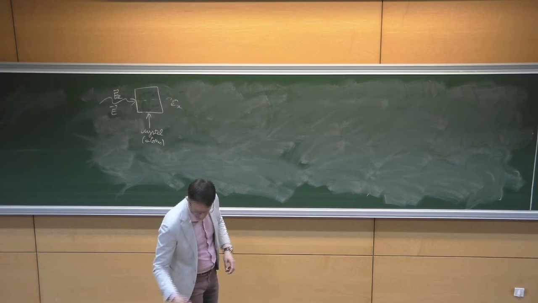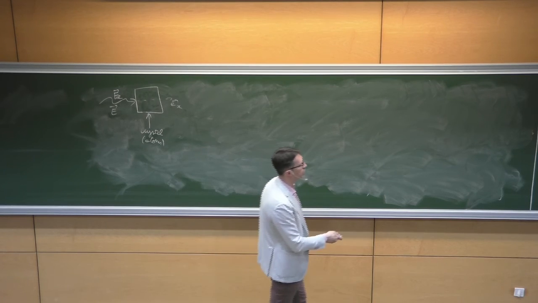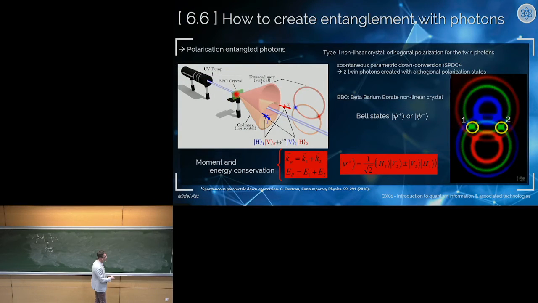So, reverse process means what? I still have a crystal, and I still have a laser, right? Like before. Except that now it's a reverse. That means before I had low energy that gave me higher energy. Omega gave me 2 omega. Now I want the reverse process. This reverse process is called spontaneous parametric down conversion.